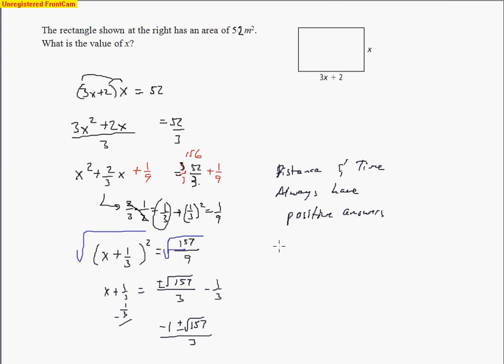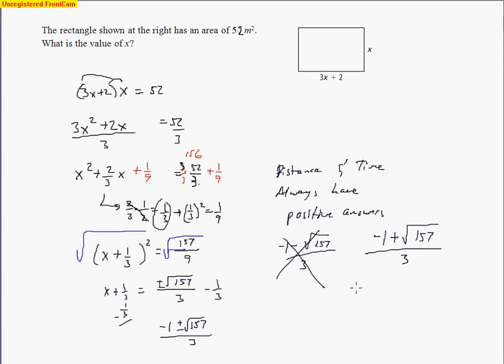It's going to be this one, the -1 minus the square root of 157 over 3. This is going to be a negative answer when we do this work. So this one is that extra answer that we're going to cross off. That's not going to work. The one that will work is this one, -1 plus the square root of 157 over 3. And it works because the square root of 157 is going to be a pretty good sized number. Take away 1 is going to end up giving me a positive.